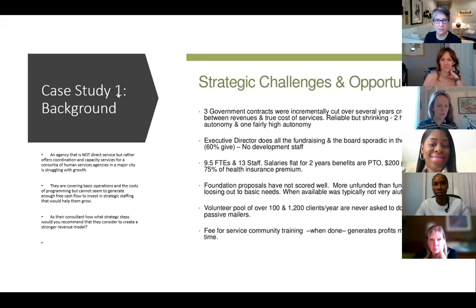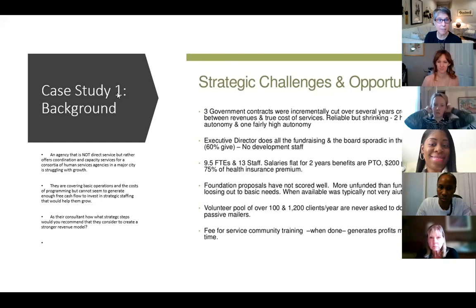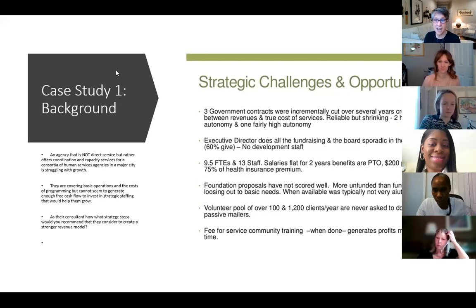Benefits are mediocre. Foundation proposals not scoring well. Volunteer pool and clients, not really asking much of them donation-wise beyond the mailers. They've got a fee for service, and when they do it, most of the time it generates profits.